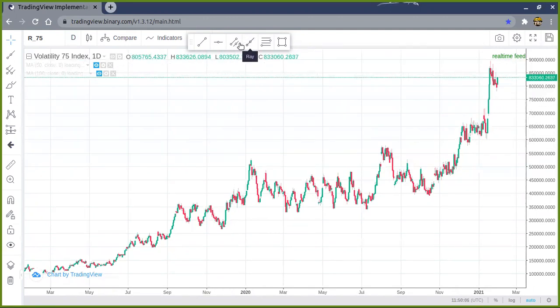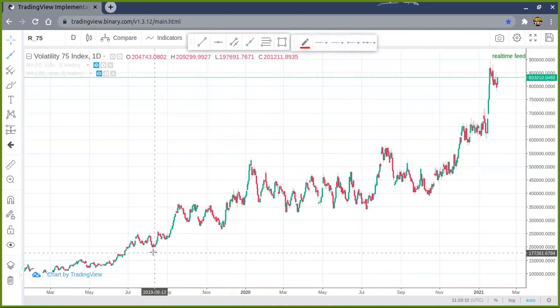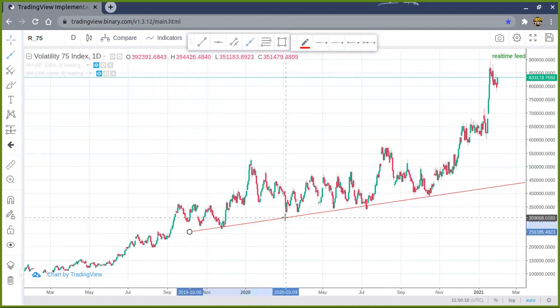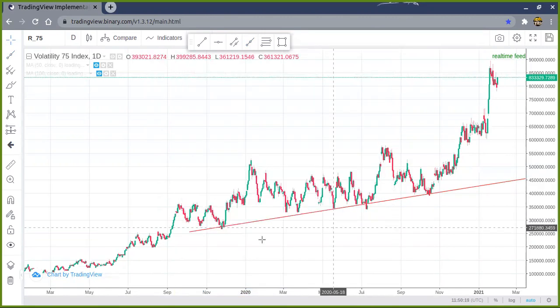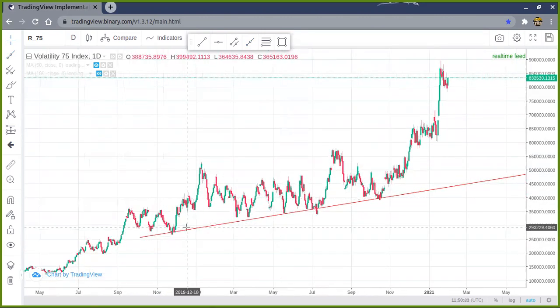So I'll take my trend line and I draw it from where it's visibly touched.